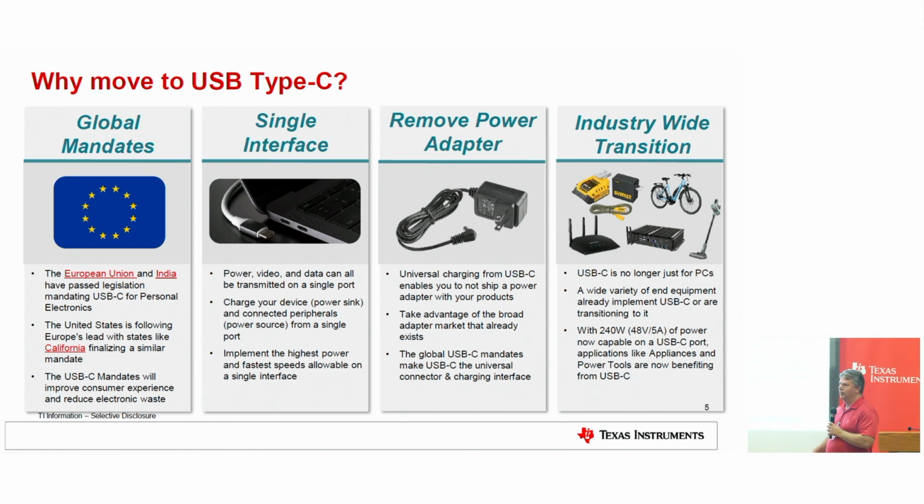So a lot of people ask, why would we move to USB Type-C from what we had before, whether it's a barrel jack for power or traditional USB Type A, Type B? One of the main reasons is global mandates. Europe specifically, California in the United States, and other countries are starting to adopt a common footprint, common connector, common interface to provide power and data to devices.